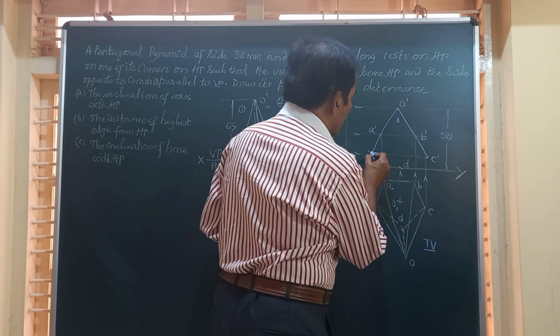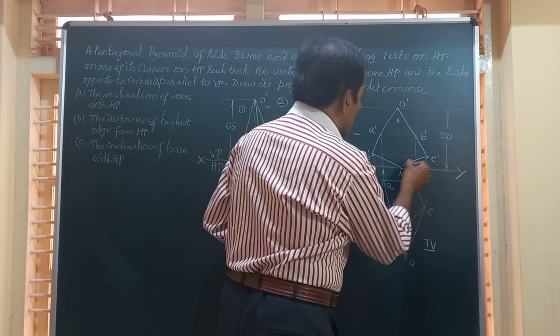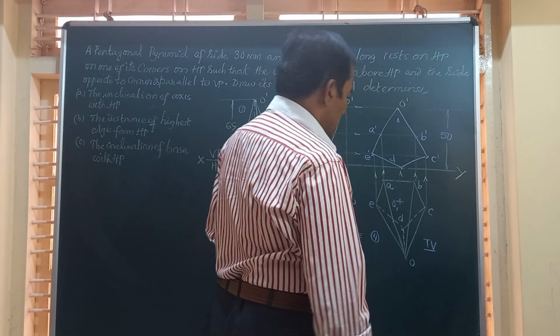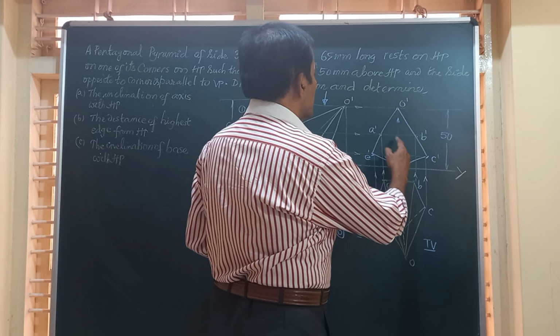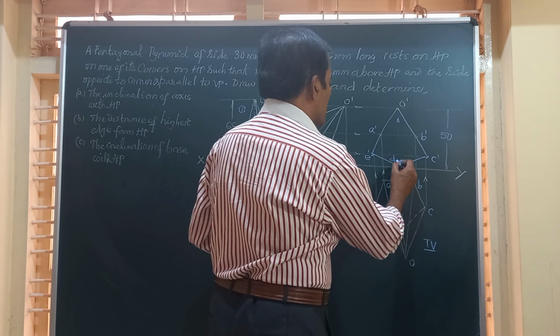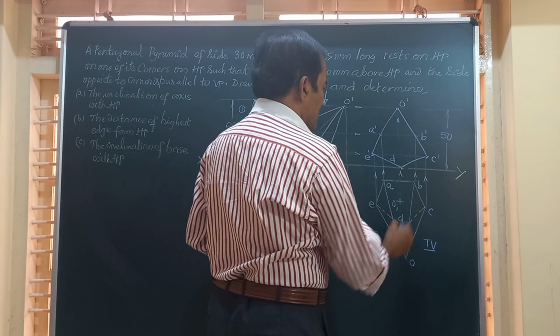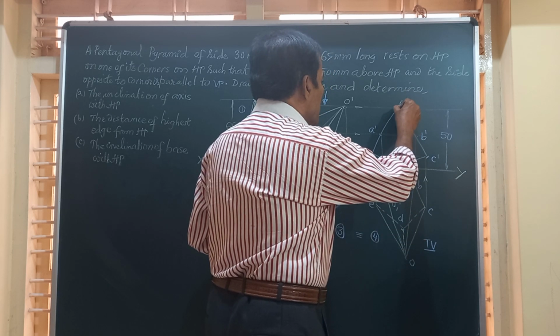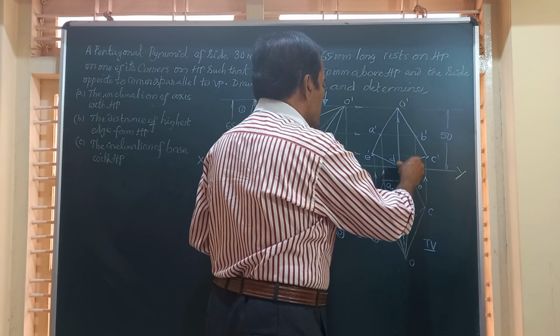These borders of the figure are visible. Show by full line. And friends, this D is here, and this D can also be seen, that I have shown here as D dash. And friends, this slant edge OD or O dash D dash is also visible.